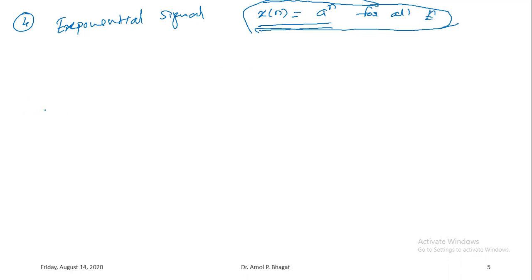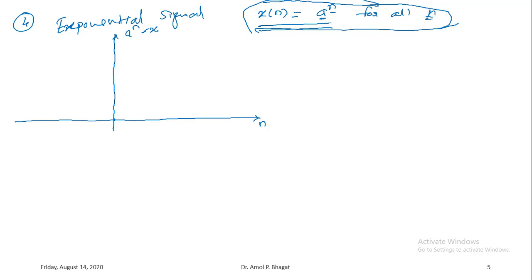Now if I want to represent this exponential signal in graphical form, the value of the signal depends, as you can observe here, on the value of a as well as the value of n. So again I can represent on the x-axis the discrete time small n, and on the y-axis the signal value, that is a to the power n.